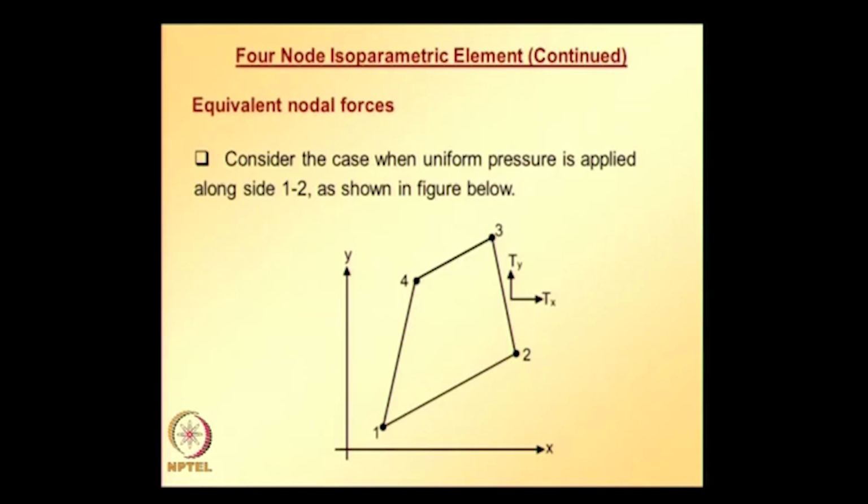This information is required because we need to know the shape function matrix of all the 4 nodes along 1 2 to assemble the equivalent nodal force vector.